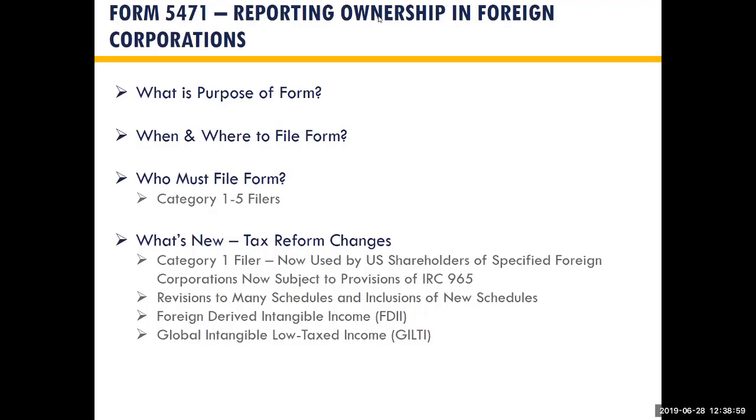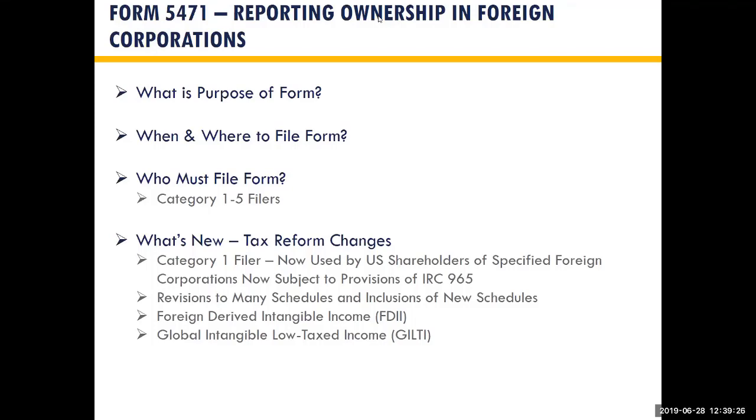So if you are a shareholder or officer and another U.S. person in the company acquires enough stock to have 10% of total ownership or 10% ownership of voting shares, then you're a category 2 filer. What gets lost is you don't have to file that every year, only in the years in which there was a category 2 transaction.